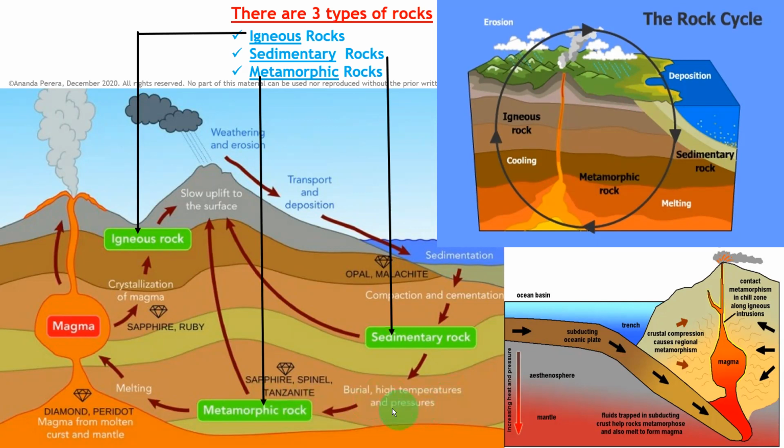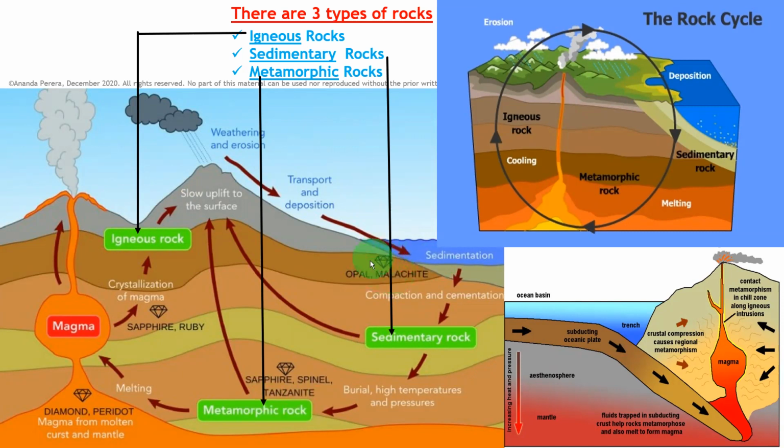Burial, high temperatures and pressures push the sedimentary rock to metamorphic. Then it pushes to igneous. This weathering and erosion bring transport and deposition to the sedimentation in the ocean.